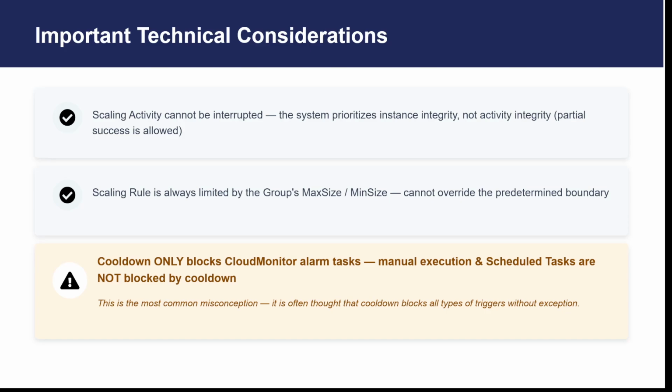It can never override that boundary. And the last one is the most commonly misunderstood: cooldown time only blocks alarm-triggered activities from CloudMonitor. So manual execution and scheduled tasks are not blocked by cooldown at all, without exception.